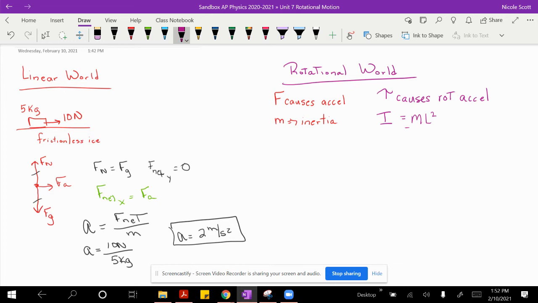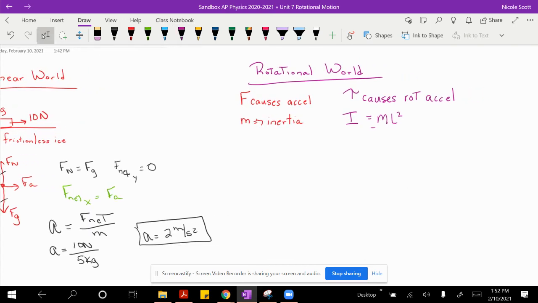So as you might imagine, if I've got a force and a torque that causes rotation, maybe I should write out that torque is the force times the lever arm times the sine of theta. I've got a torque that causes rotation. I've got a rotational inertia that resists that change.